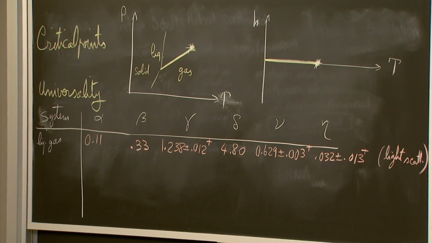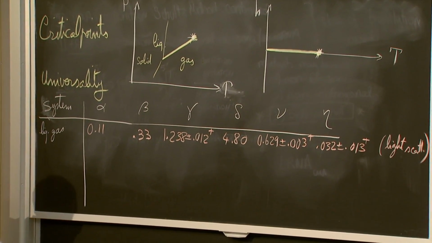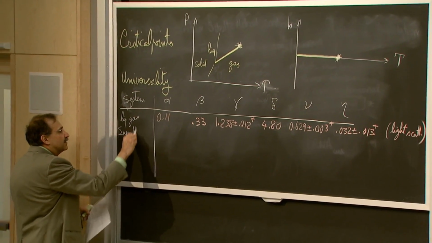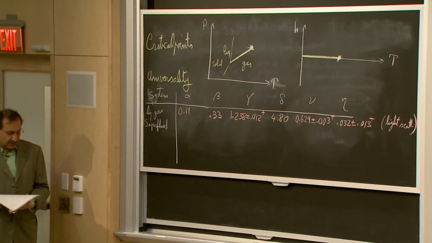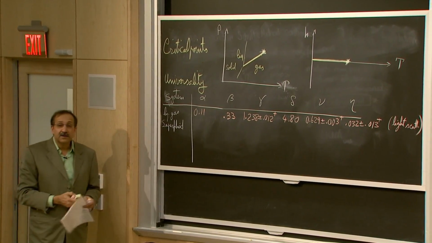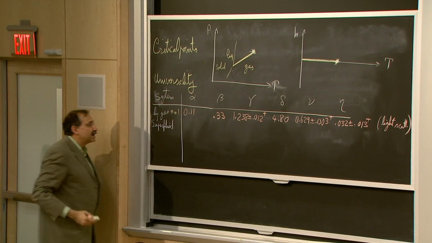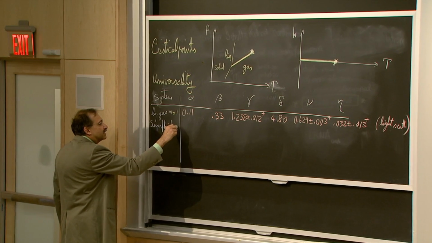Sorry. Another case that I mentioned is that of the superfluid. And in this general construction of the Landau-Ginzburg theories that we had, liquid gas would be n equals 1, superfluid would be n equals 2.